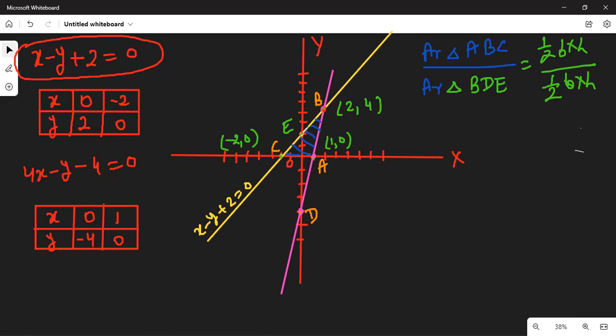Right, this coordinate is point E. That is on that line. So the coordinate is 0, 2. And finally, D coordinate is 0, minus 4. We need to see these coordinates to find the base and height.